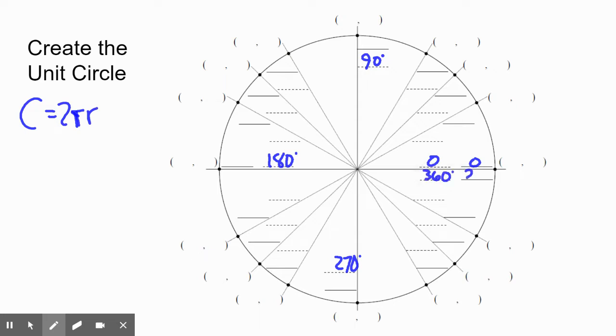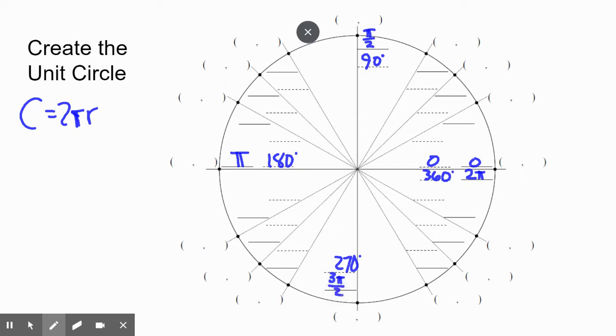And that's going to be 2 pi radians. So if that's 2 pi all the way around, then this is pi radians, right? And if 180 is pi, then 90 is pi over 2. That's the same thing as 1/2 pi. And then 270 is 3 pi over 2.